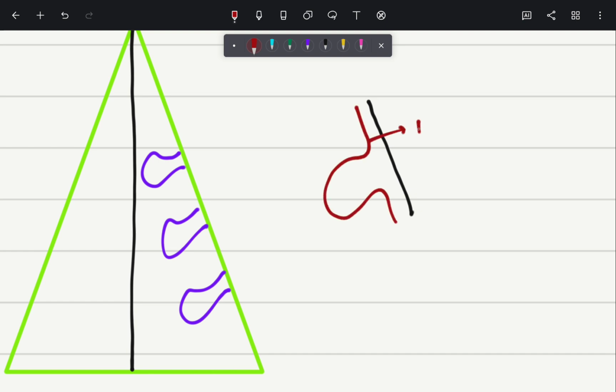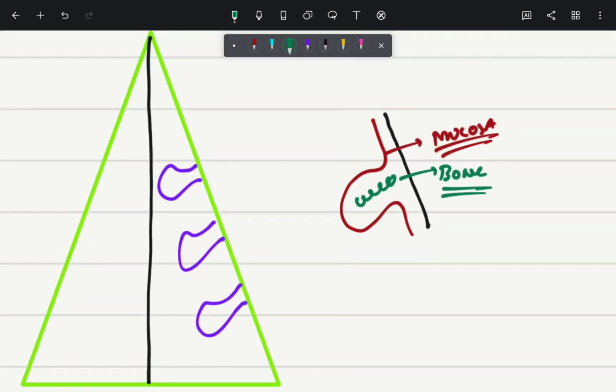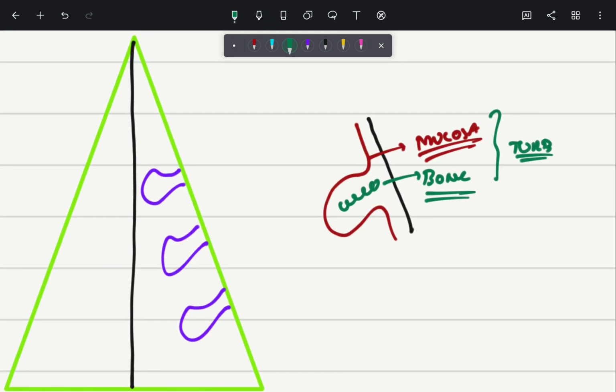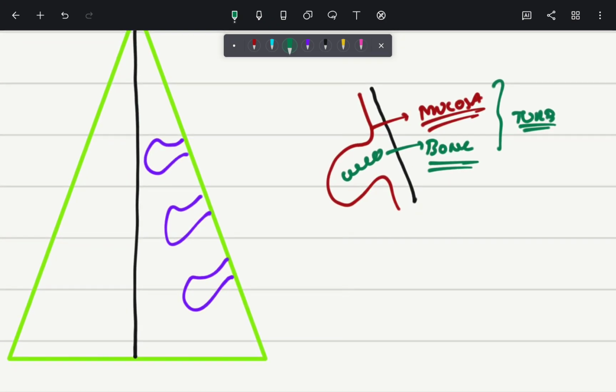This red color thing here is the mucosa, and inside the mucosa we have the bone. Together they make up the turbinate. Turbinates are nothing but a mixture of mucosa and bone.